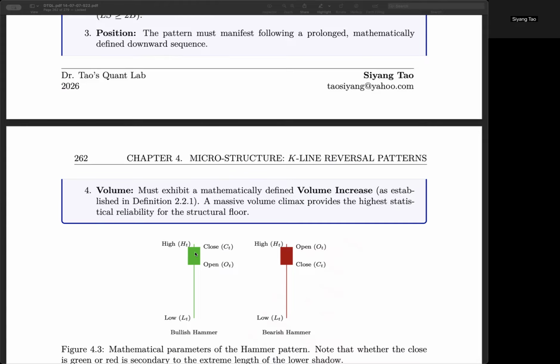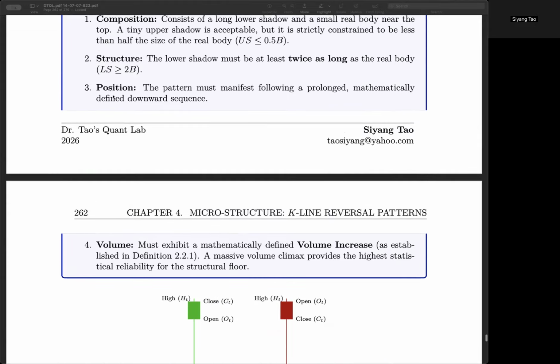Second, we check our filters. A hammer is mathematically meaningless if it does not occur after a prolonged, mathematically defined downtrend sequence. Finally, the hammer must exhibit a confirmed volume increase.